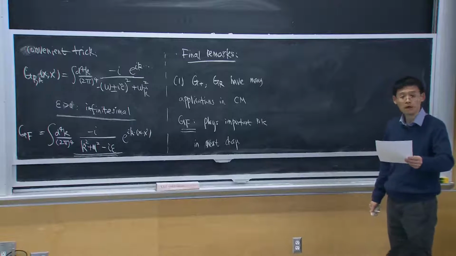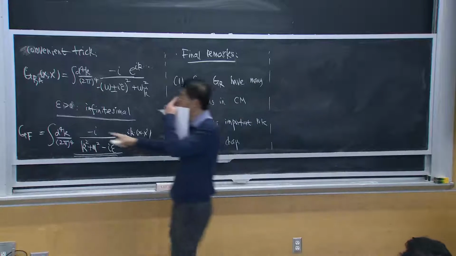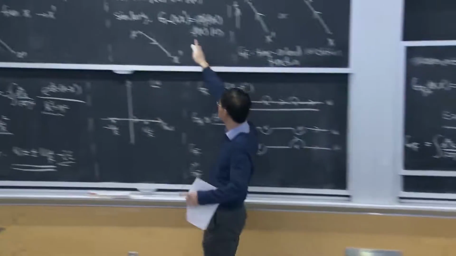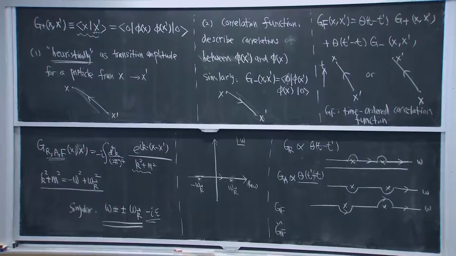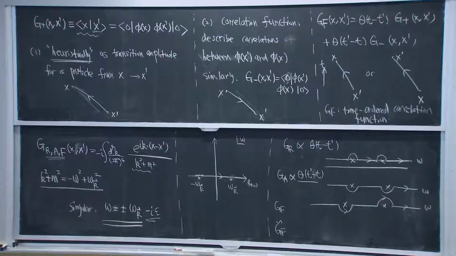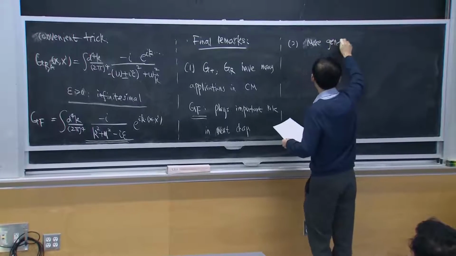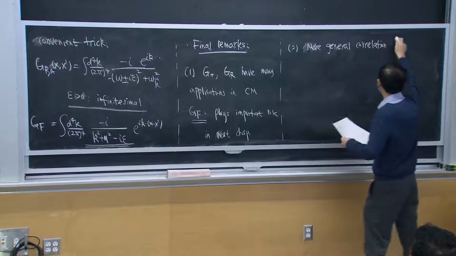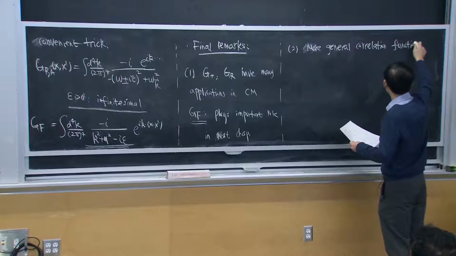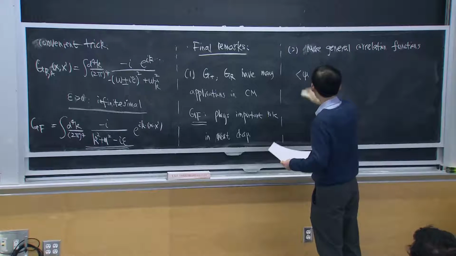Okay, so G_F will play a very important role. In addition to this 2-point function, so these are the correlation functions of 2 points, just x and x prime, you can in principle consider more general correlation functions, or in an arbitrary state.